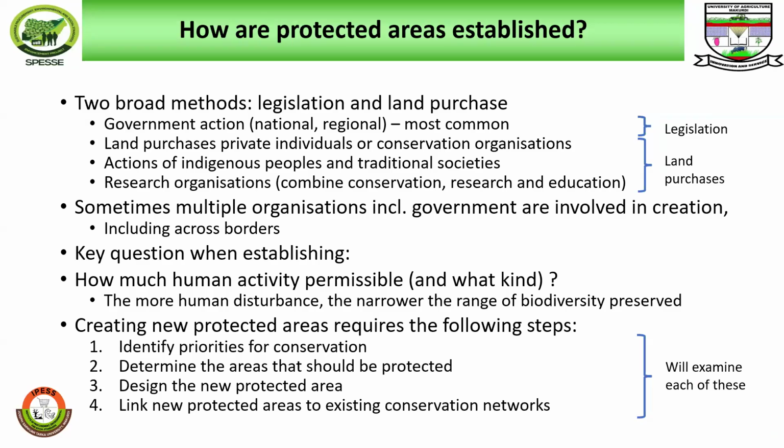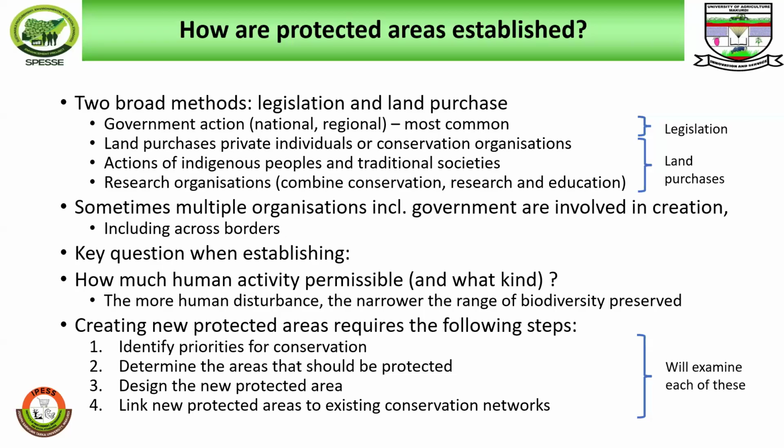And we would talk about 2 broad approaches: legislation, where governments at both national and regional levels, here in Nigeria, we can say at the level of the national government and at the level of the state governments, work together by having a legislation.